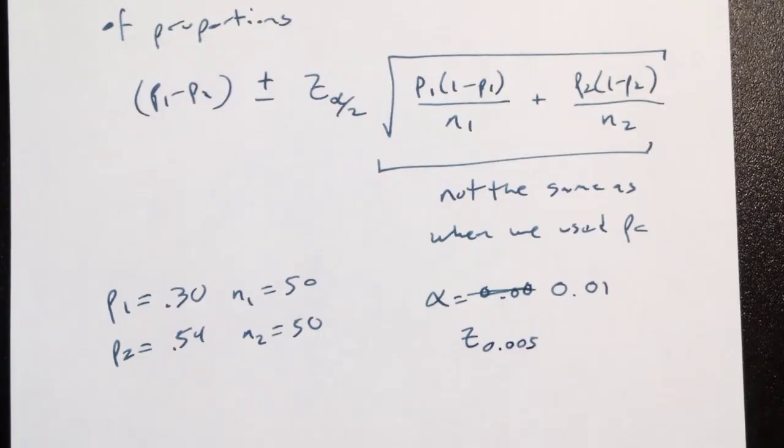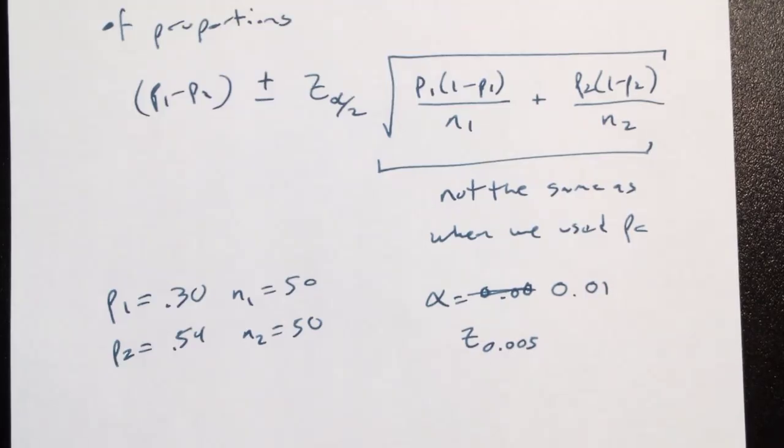Where am I going to get that number? I can get it off the table. I can get it off the calculator. I can get it out of Excel. How do I get that number? Harry, you're putting something in your calculator. Tell me what you're doing. Okay.